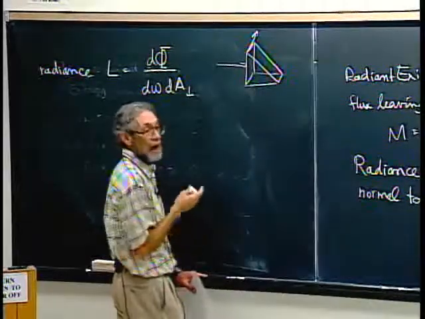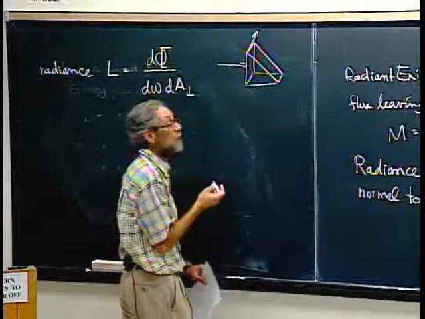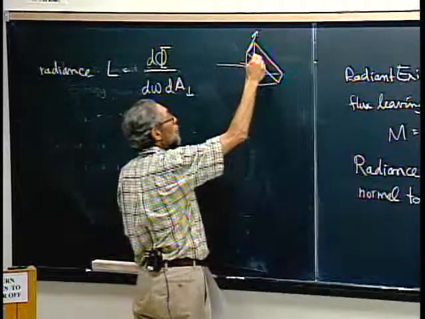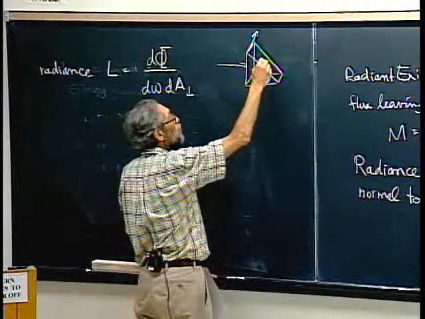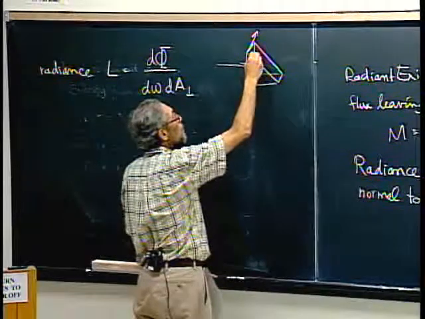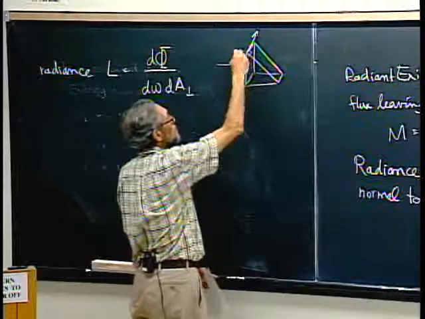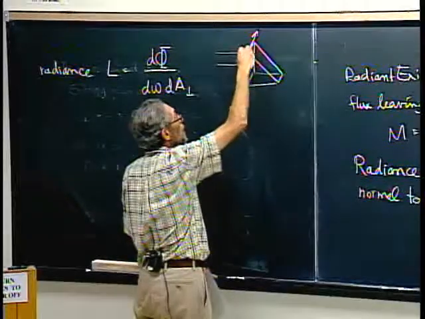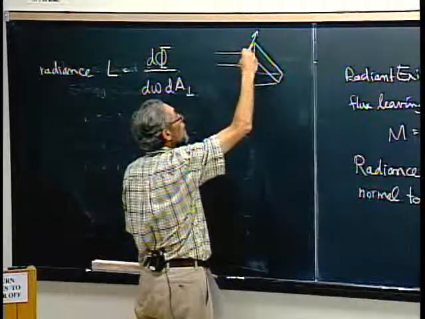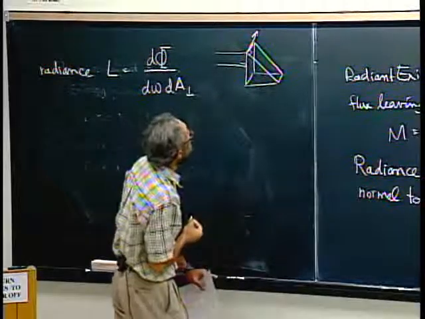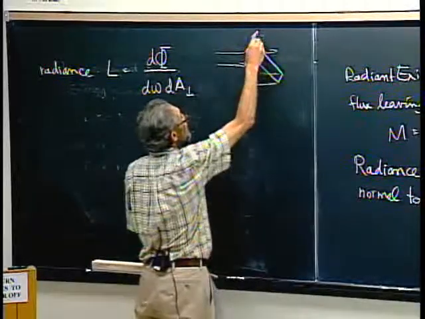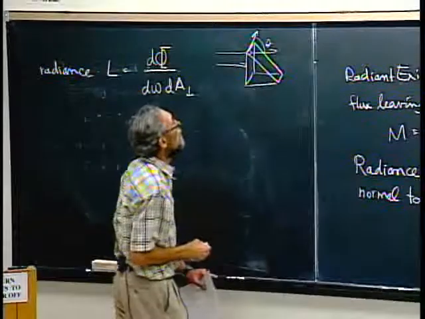That's the normal to the actual area that's intercepting the beam. And I have an angle between that normal, this is a right angle now, and the beam direction. So the beam is, say, coming here. So here's the beam direction, and this angle is theta.